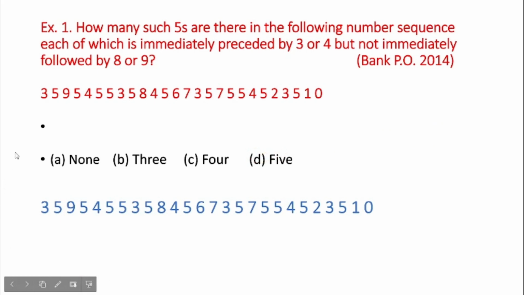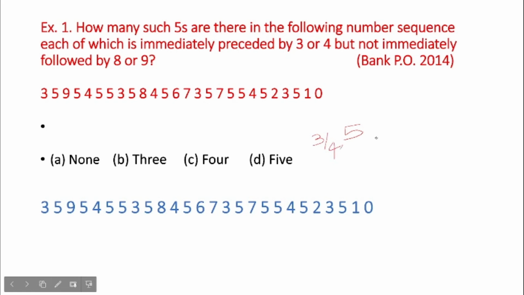So what's the given number and what's the condition here? How many such fives are there? That means we have to see how many fives are there in the following number sequence, each of which is immediately preceded by 3 or 4. That means the 5 should be preceded by either 3 or 4. And there is also another condition, right?